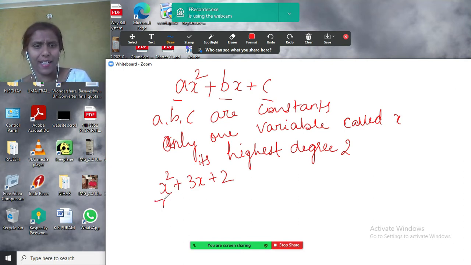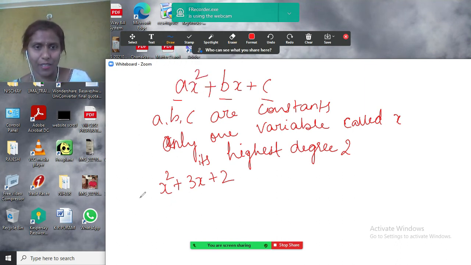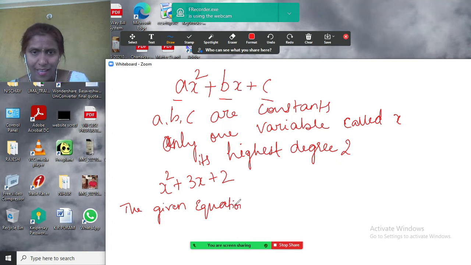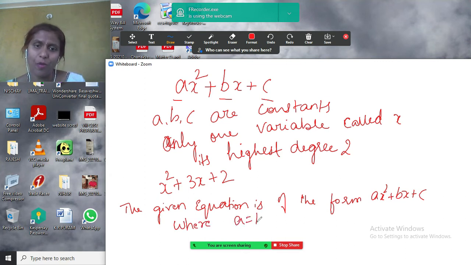Now you can write the given equation in the form ax squared plus bx plus c, where a is equal to 1.